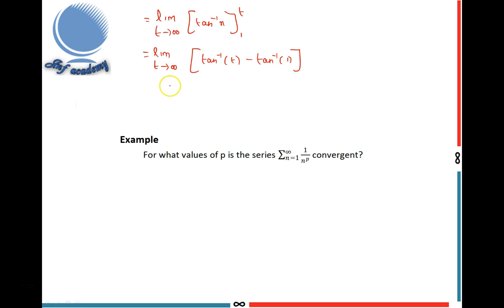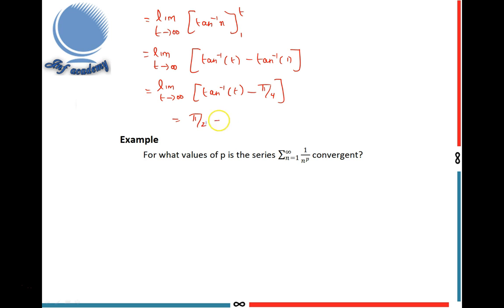So finally I get limit t tends to infinity of tan inverse of t minus tan inverse of 1. Tan inverse of 1 is pi by 4, since tan pi by 4 is 1, and as t tends to infinity, tan inverse of t is pi by 2.